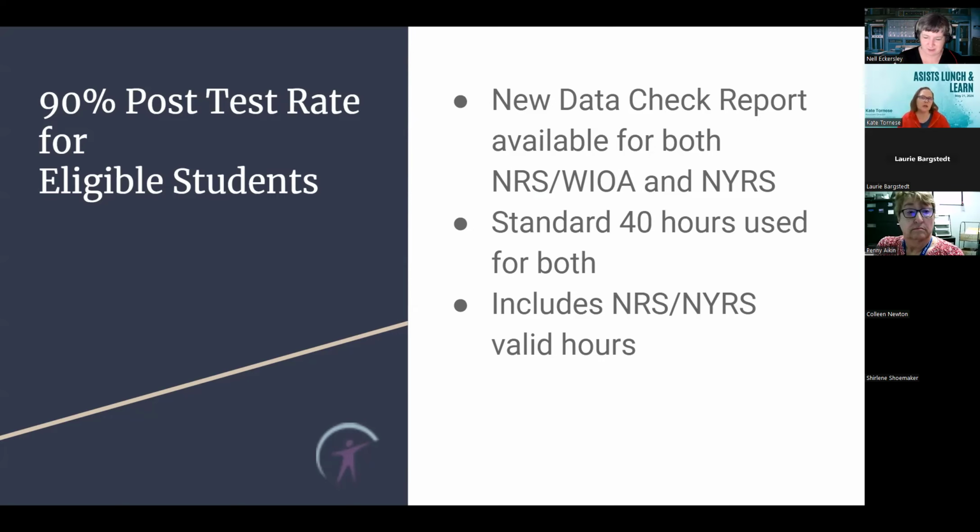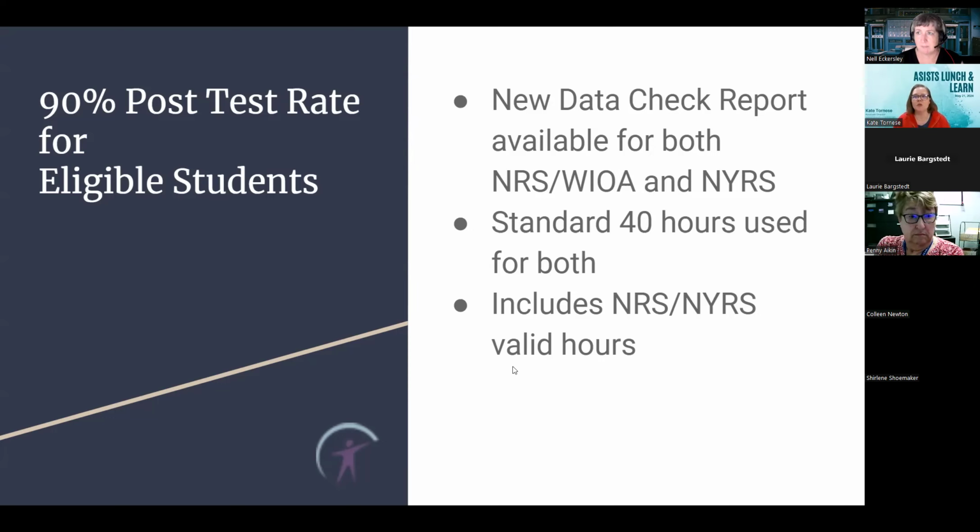It uses a standard 40-hour threshold for everyone, regardless of the fact whether you might have one-on-one tutoring situations where technically the student can be post-tested after 30 hours, and you might have more intensive situations where you're really supposed to be waiting until 60 hours. State Ed told us to use the baseline of 40 as the standard, which will probably help anyway.